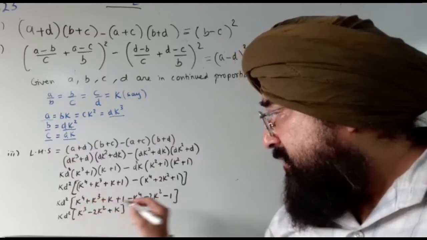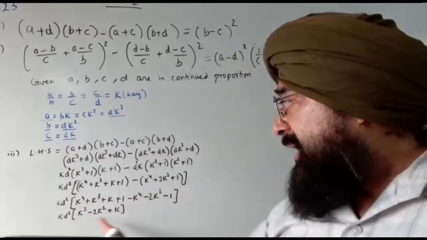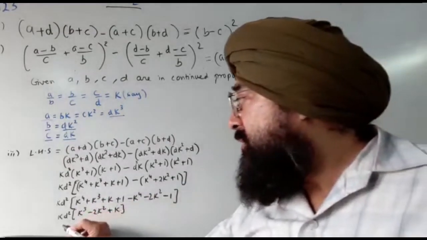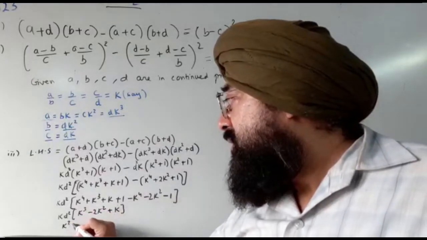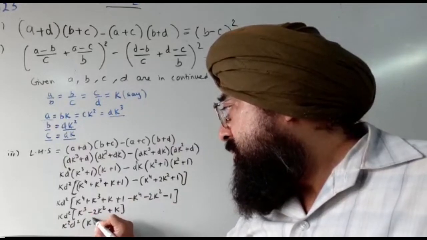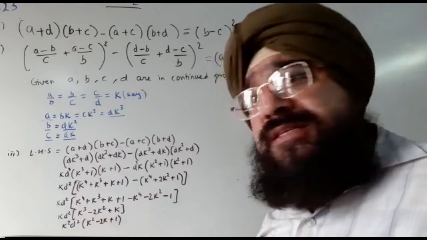The rest, K to the power 4 and K to the power 4 goes off, and 1 goes off. I can take K common. If I take K common, I am left with K square D square, and here it is K square minus 2K plus 1, isn't it?